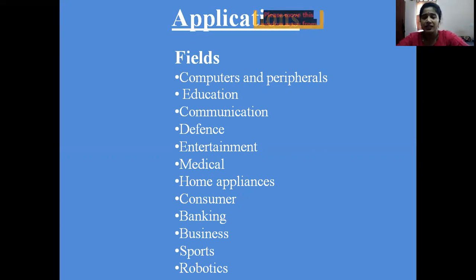Then in defense, you have various fighting equipment. You have radars, sonars. Then you have control rooms, which are fully electronically equipped. So it is completely automated, and that automation is possible because of electronics and the software in it.